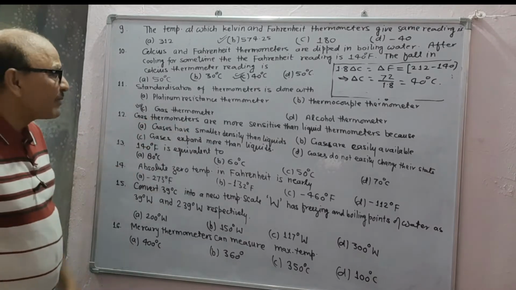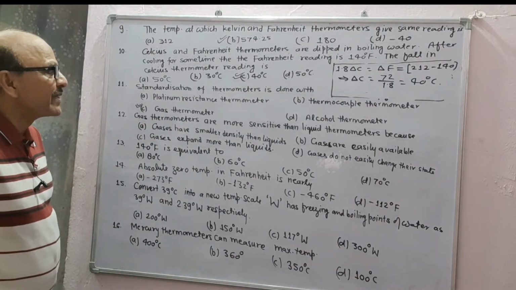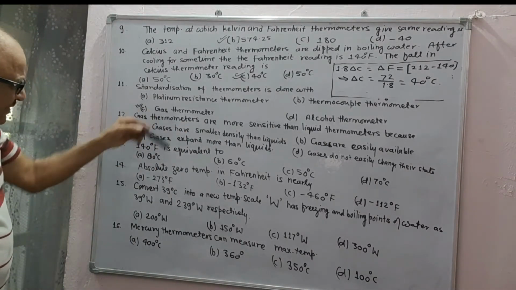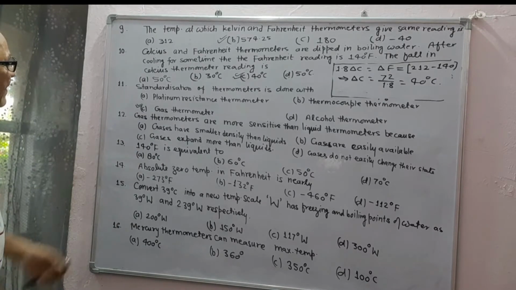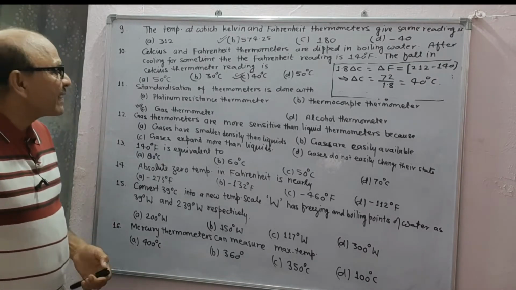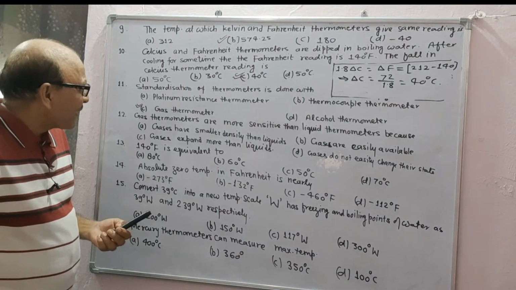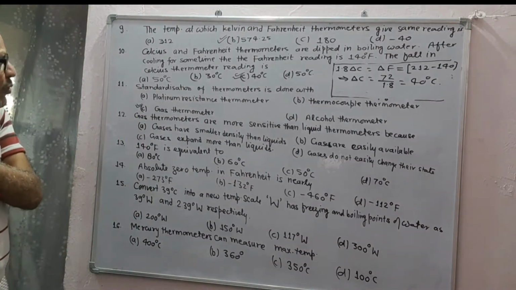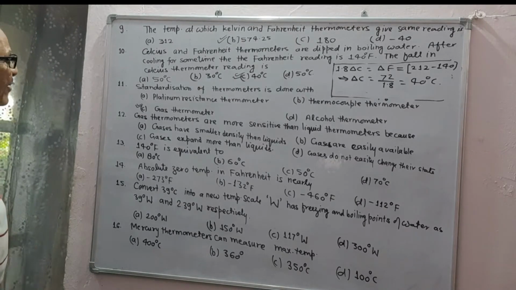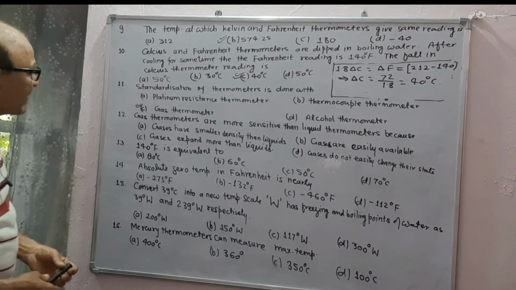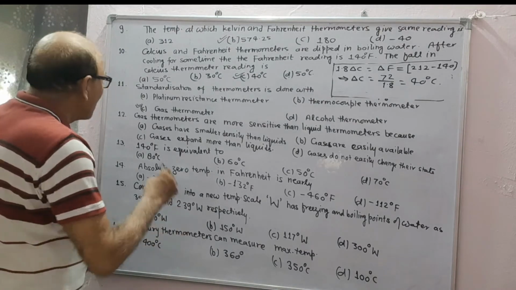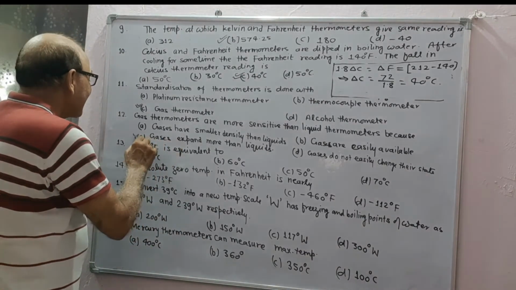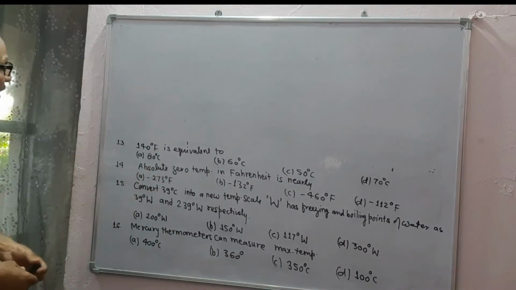Gas thermometers are more sensitive than liquid thermometers because, these are the options. This is because of the fact that the gases have more expansion than liquid between same range of temperature. Therefore, the gases expand more than liquids is the correct option.